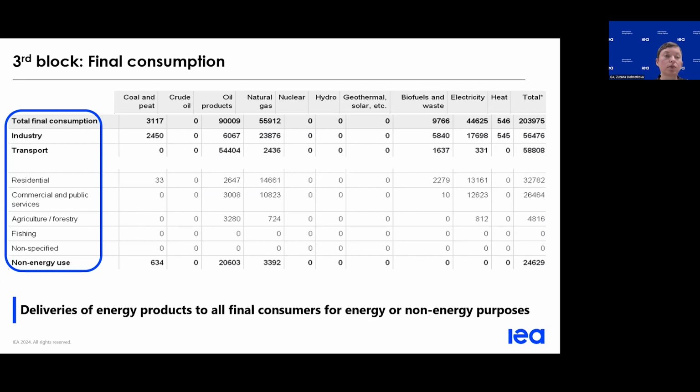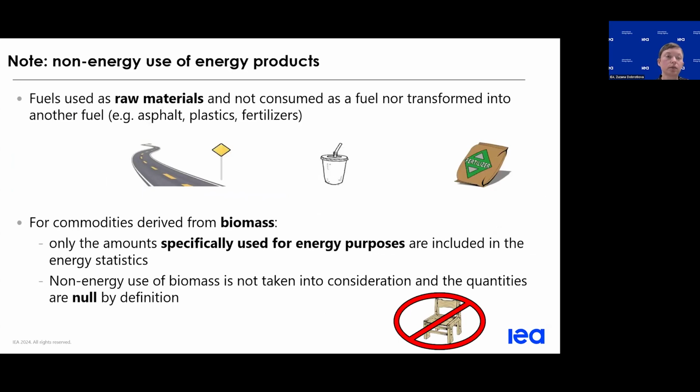Now, what is non-energy use? Non-energy uses are to be reported in particular for fossil fuels. These are uses where the fuels are used as raw material, and they're not combusted, but they're transformed into another material.